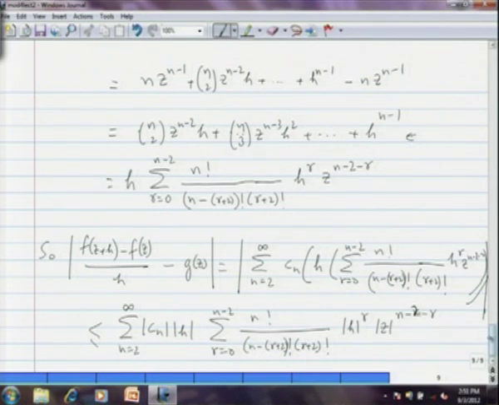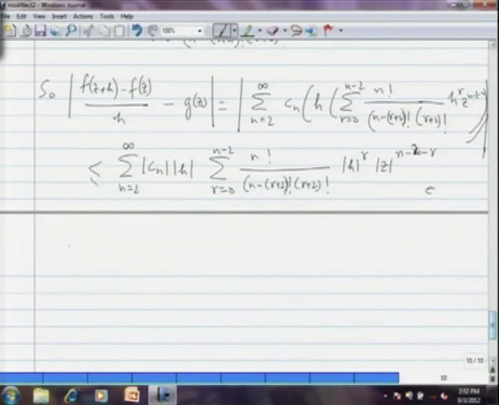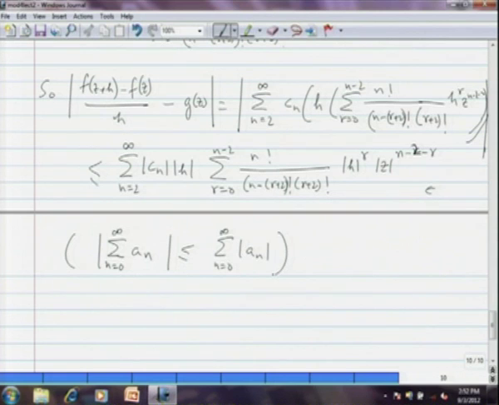Okay. So, from the previous step to this step, what I have used is actually an infinite version of the triangle inequality. It is an exercise to the viewer to prove that whenever the series sigma A n is convergent, the modulus of sigma A n, n equals 0 through infinity, is less than or equal to sigma of the modulus of A n, where sigma runs from n equals 0 through infinity.